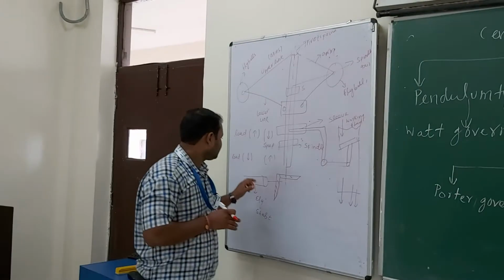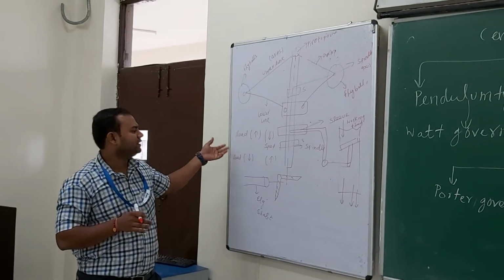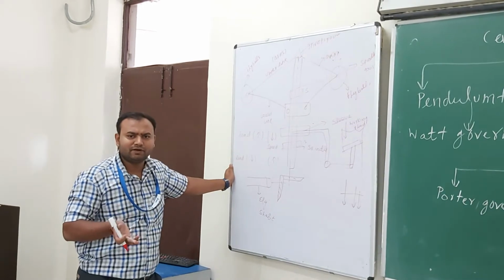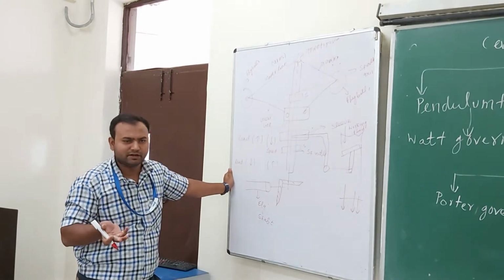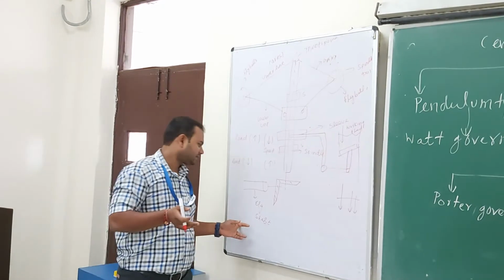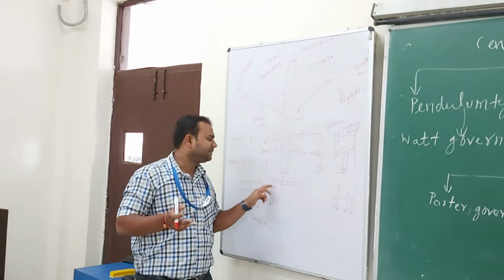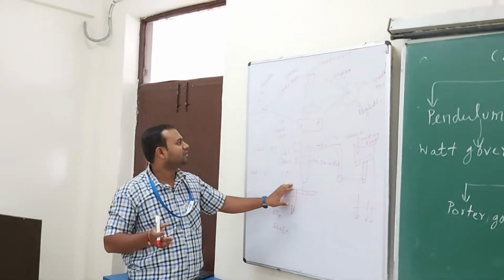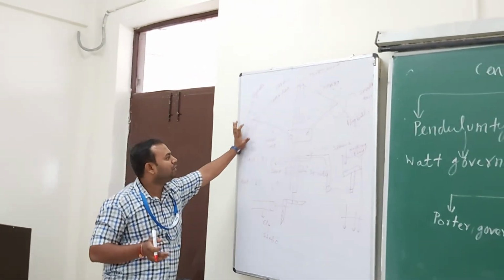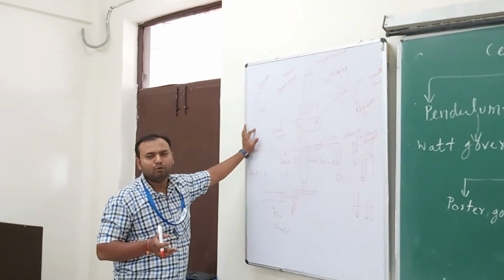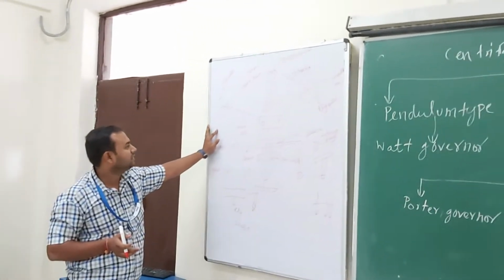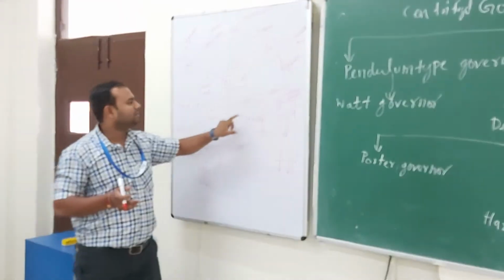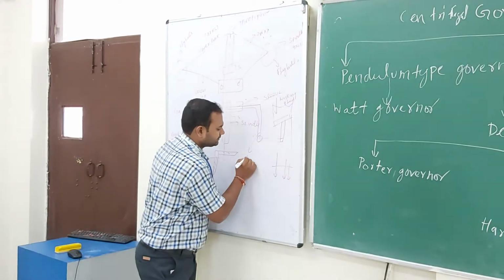So whenever the speed of an engine decreases, otherwise we can say when the load on the engine increases, in this region the speed of the spindle decreases, that causes the fly balls to move in the downward direction, that causes the sleeve to move down, and it is connected by the bell crank lever.